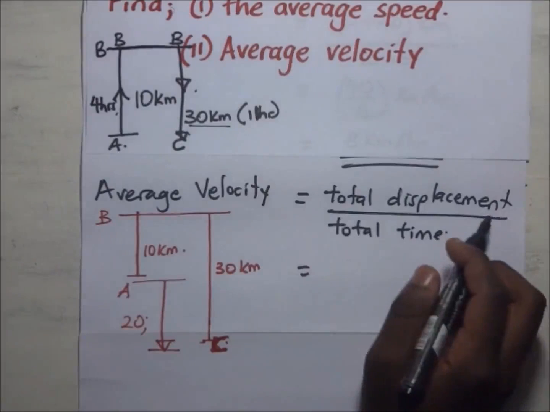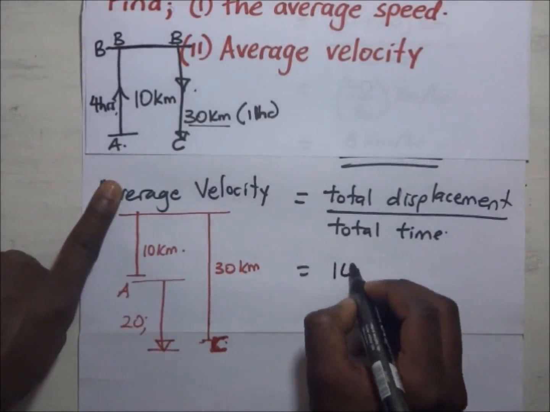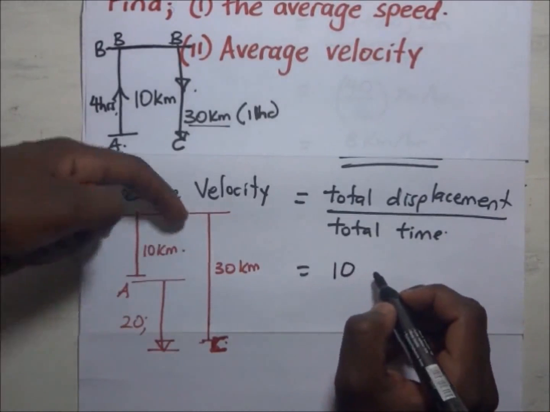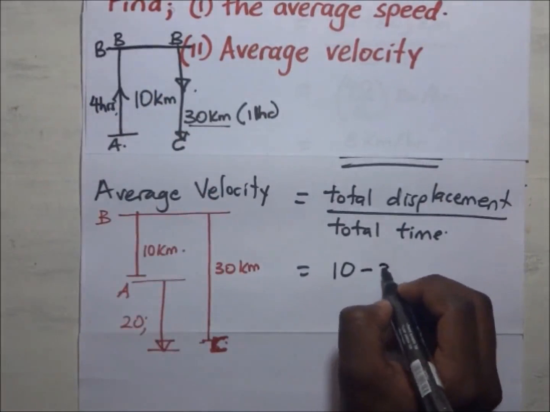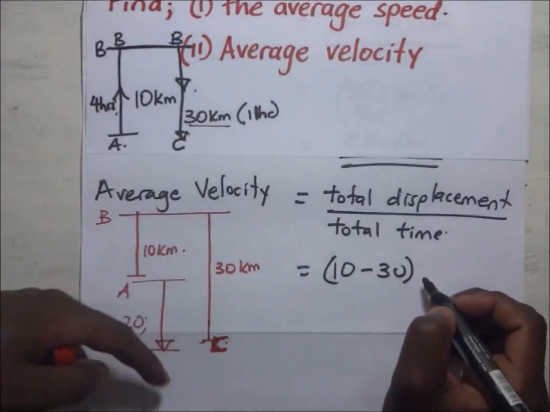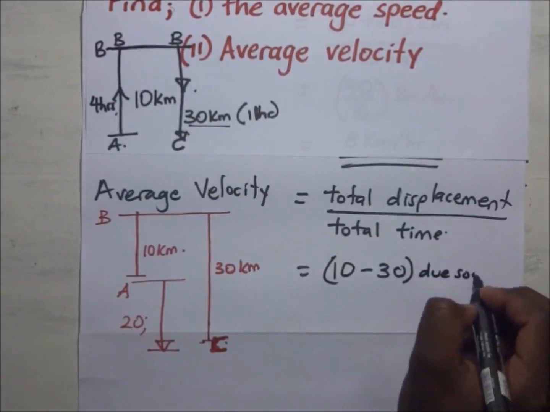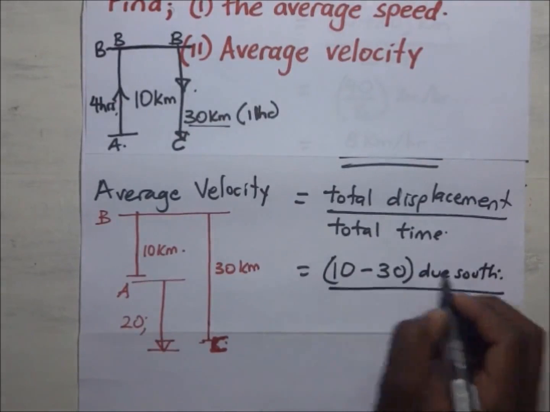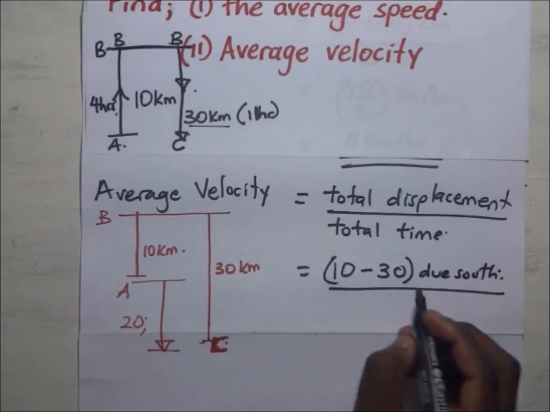So to calculate the total displacement, it's going to be 10 kilometers upwards, so we call it 10, minus, because this 30 kilometers is in the opposite direction of 10, so it's going to be minus 30, and definitely the displacement is due south. Divide that by the total time taken, which is the same as before, 5 hours.